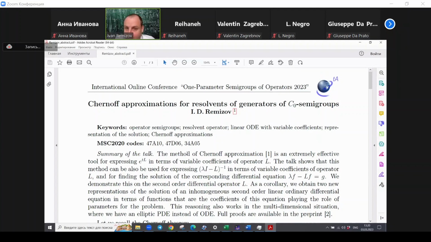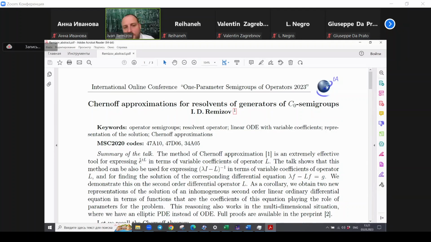So the method of Chernoff approximation is an extremely effective tool for expressing the exponent e^{tL} in terms of variable coefficients of operator L. If operator L is bounded, then the exponent can be defined as a power series which converges in operator norm.